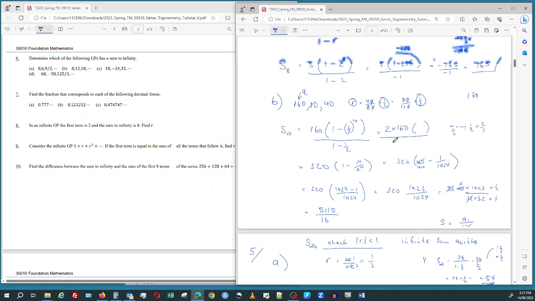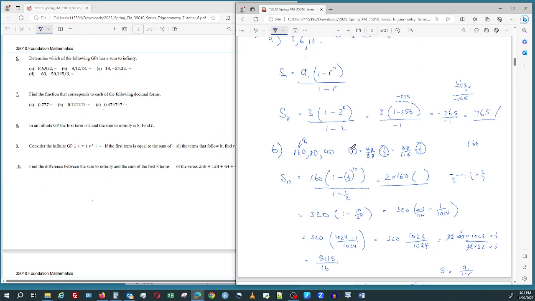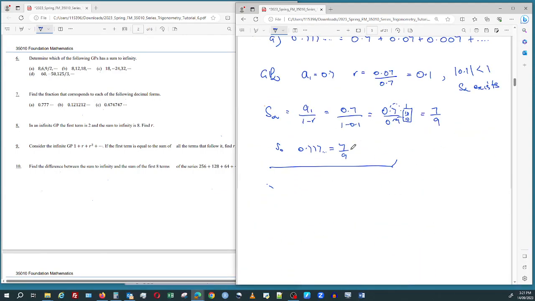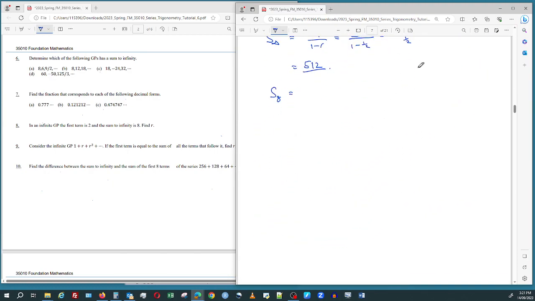And there's our partial sum equation. So A1, 1 minus R to the n over 1 minus R. That's your partial sum.